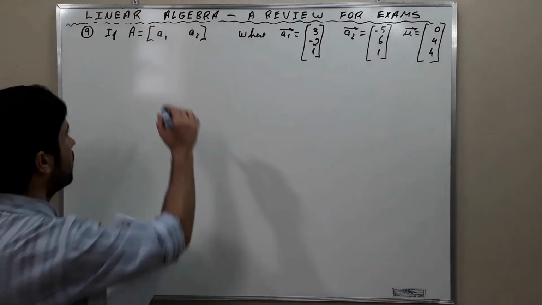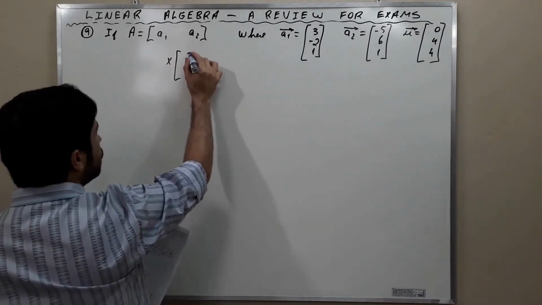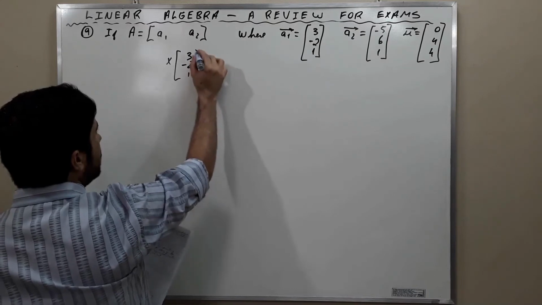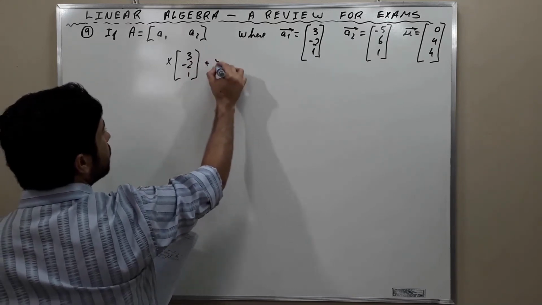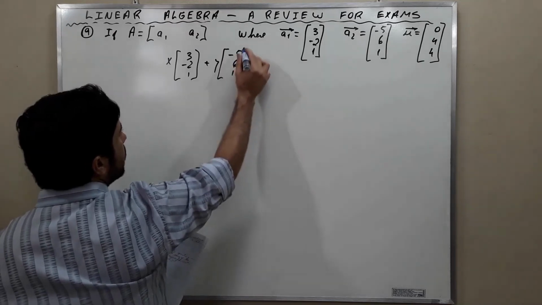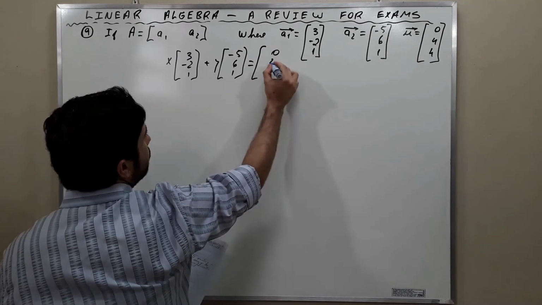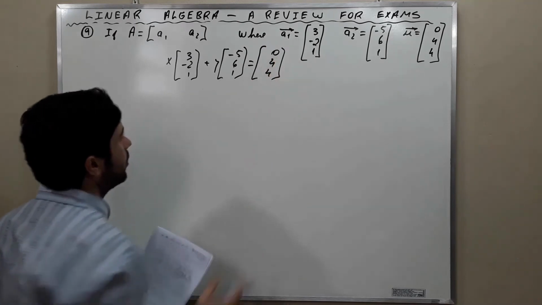Then x times (3, -2, 1) plus y times (-5, 6, 1) equals (0, 4, 4). Okay?